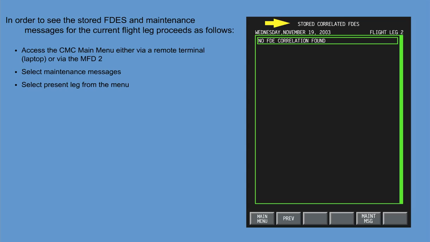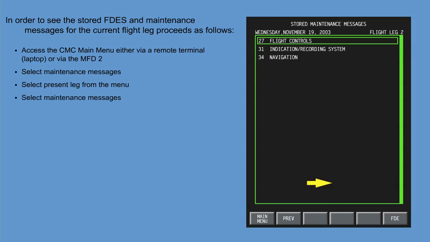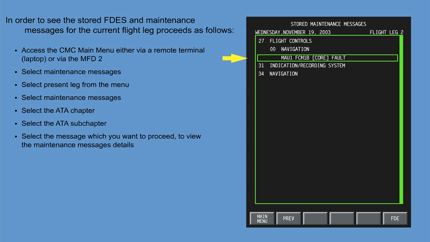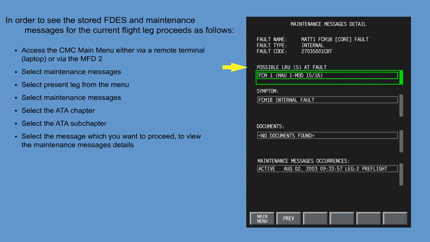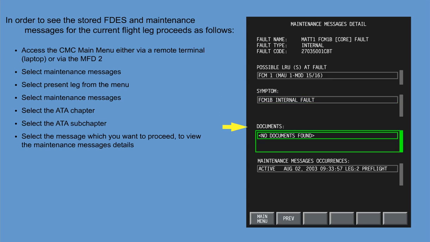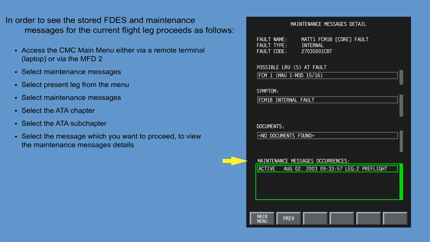To proceed to the stored maintenance messages, select Maintenance Message. Select the ATA chapter and the ATA subchapter. Select the message that you want to proceed from to view the message details, possible LRUs at fault, the symptoms, or the associated documents. You can also view the message status, date, time, and a current stage.